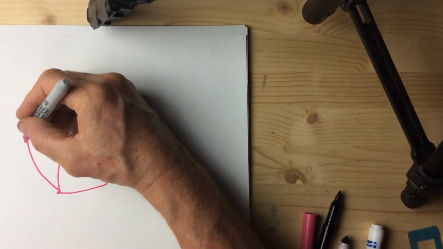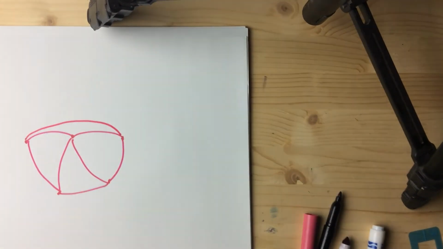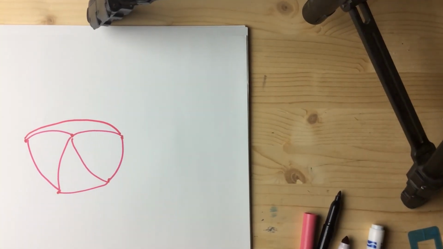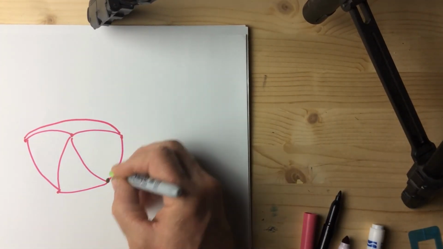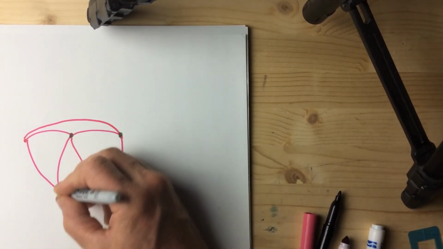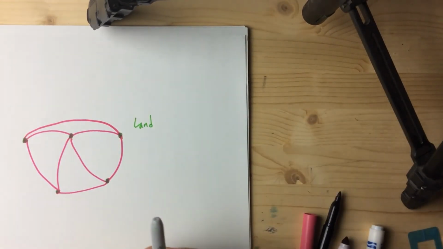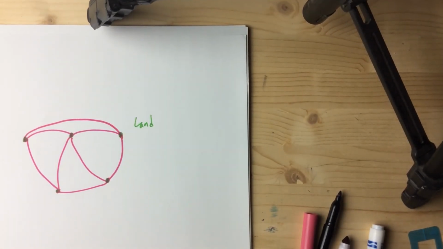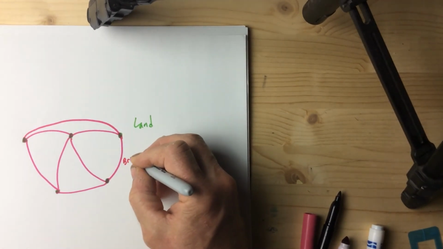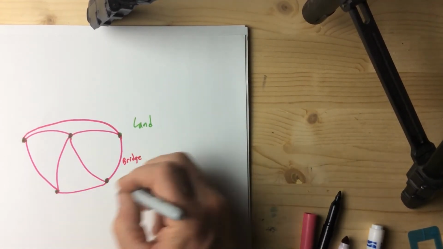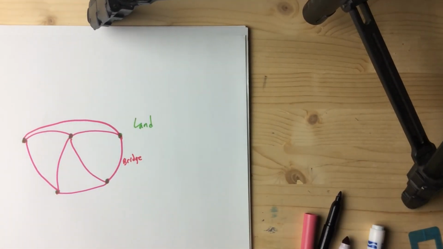look something, maybe one more bridge here. All right. So what's going on here is Euler had put together the spaces. So each of these vertices were actually land. And each of the edges represented a bridge crossing water into land at another spot.